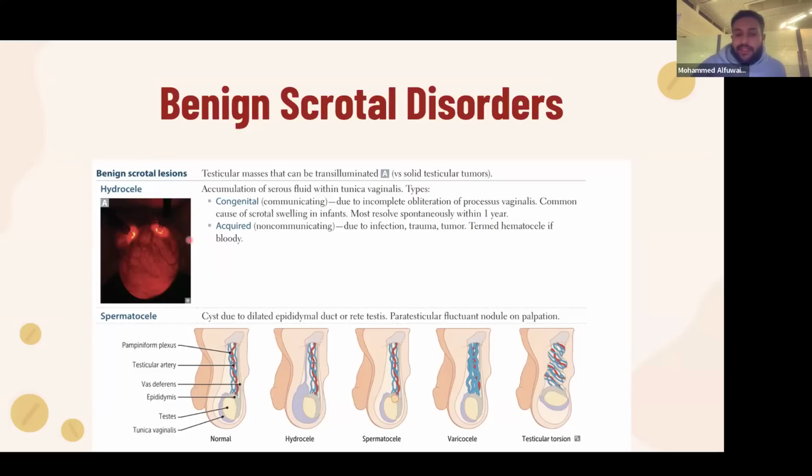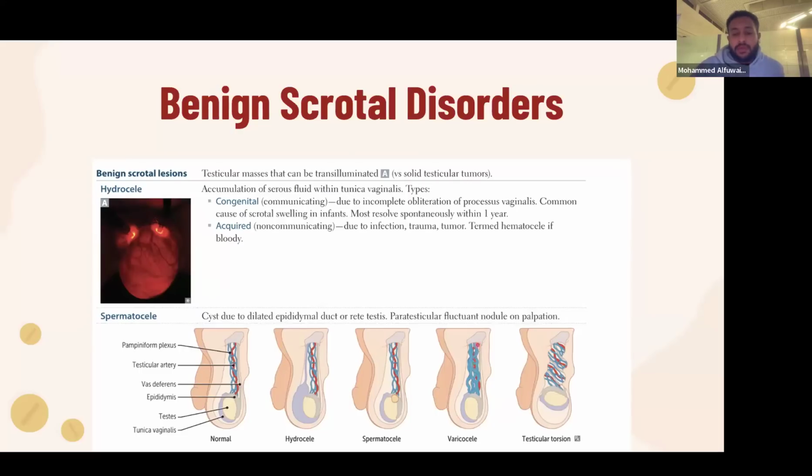So if you have a patent processus vaginalis, the peritoneal fluid will go into the scrotum and cause this dilation. It transilluminates. If it transilluminates, think hydrocele. Ignore spermatocele. You don't really need to know it, but it's usually post vasectomy. Varicocele is dilation of the pampiniform plexus in the scrotum itself.